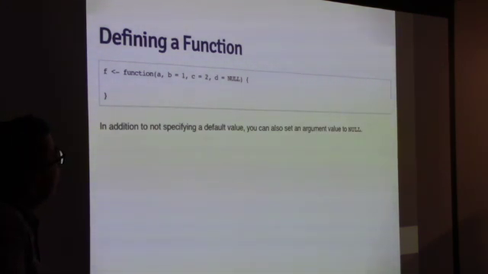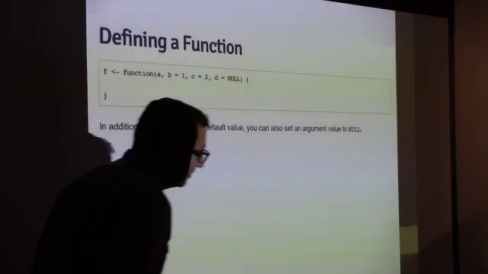And you still call this function f. So you say f in brackets a equals 5, and then within the function you say return a times b, or a times c. Are you with me? No? Here.